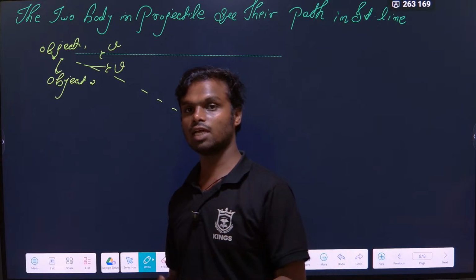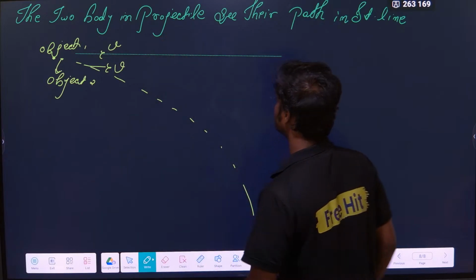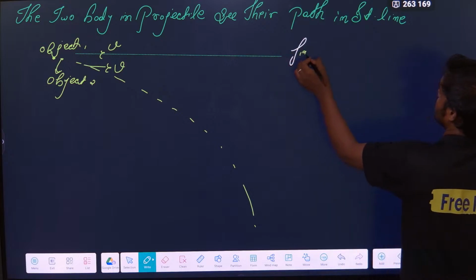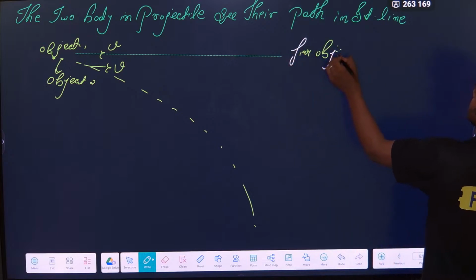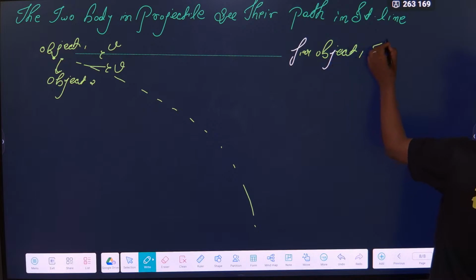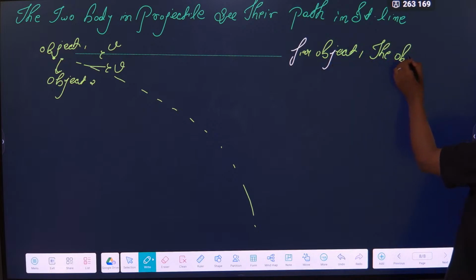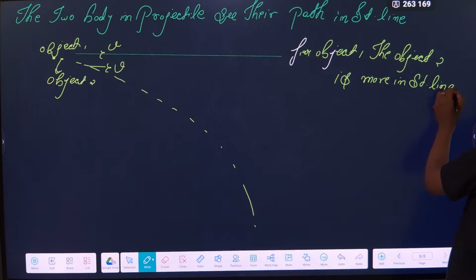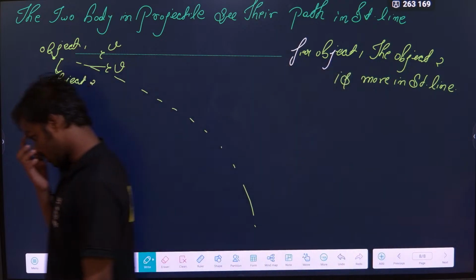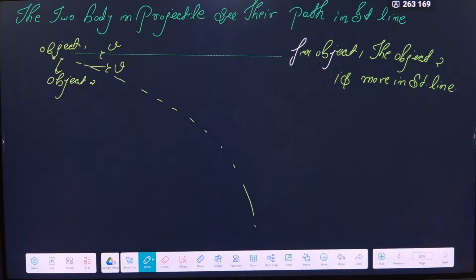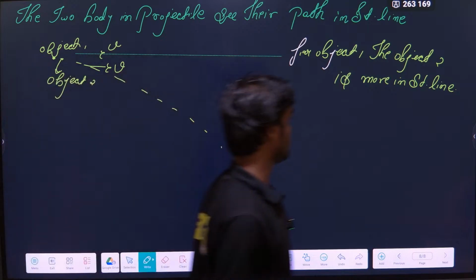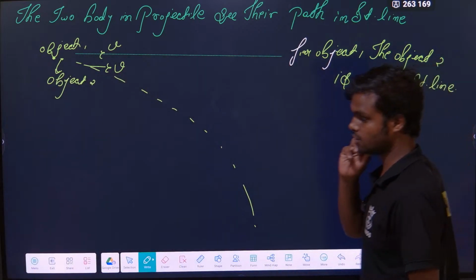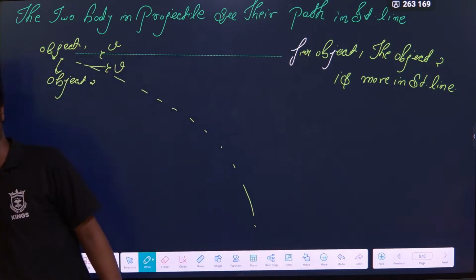So what will it look like for object 1? For object 1, object 2 moves in a straight line, correct? That is the observation we can get from here, correct?